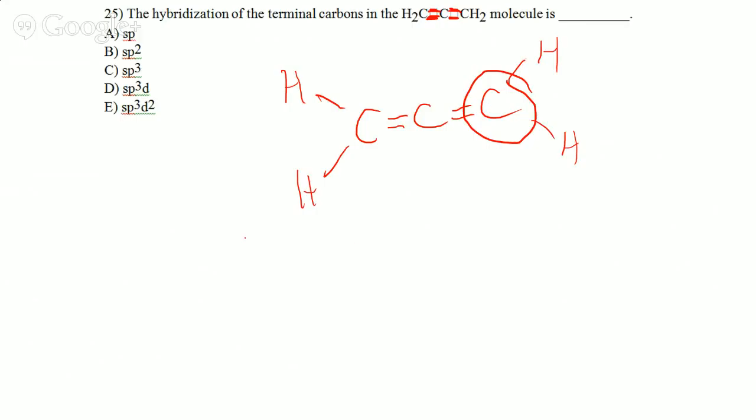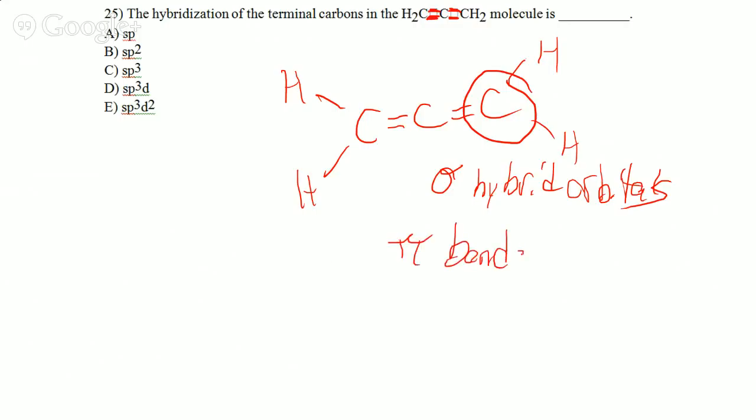So remember, when we're doing multiple bonds, a sigma bond is going to be with the hybrid orbitals. And any pi bonds are going to be unhybridized p.